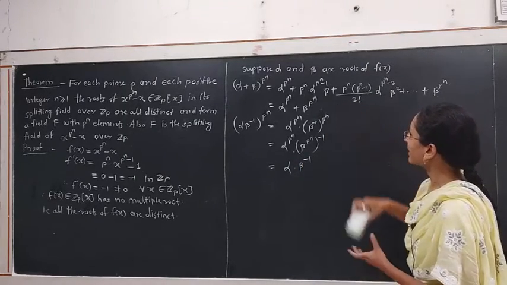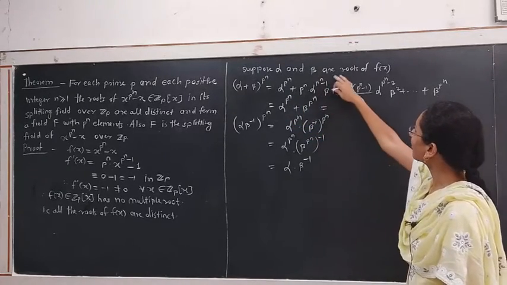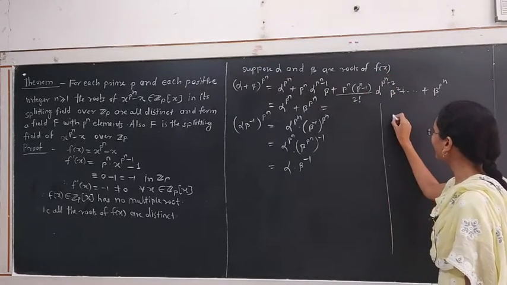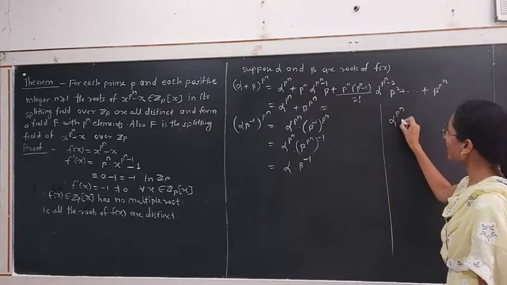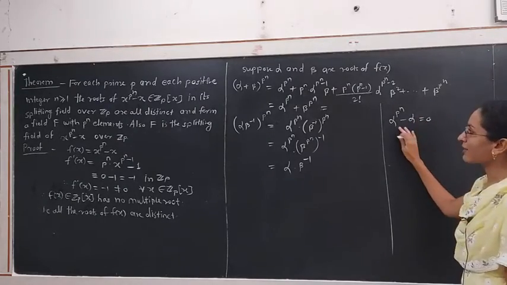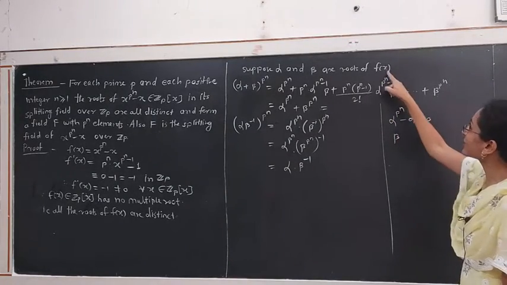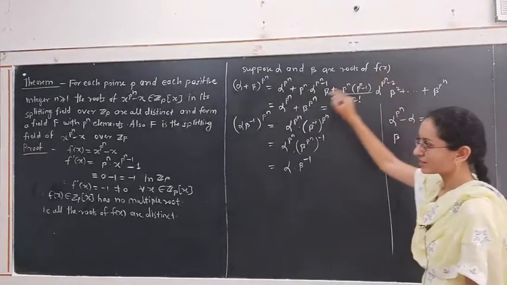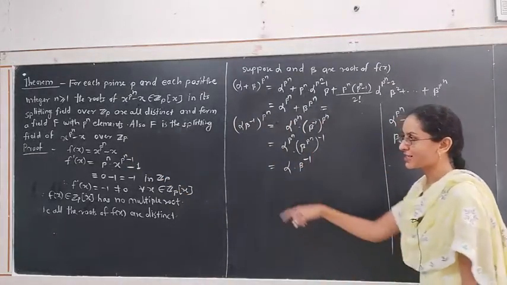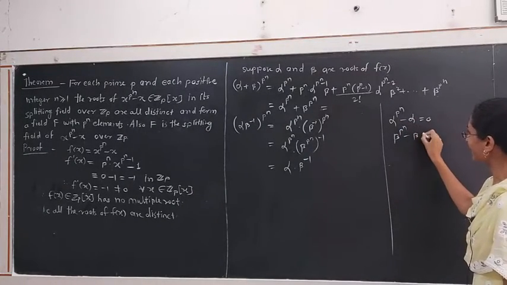Also, see these values: as alpha and beta are roots of the polynomial f(x), they satisfy the condition alpha^(p^n) minus alpha equals 0, because alpha is a root of the polynomial f(x). Also, beta is a root of this polynomial f(x), which is x^(p^n) minus x. Hence alpha and beta satisfy that equation: beta^(p^n) minus beta is equal to 0.